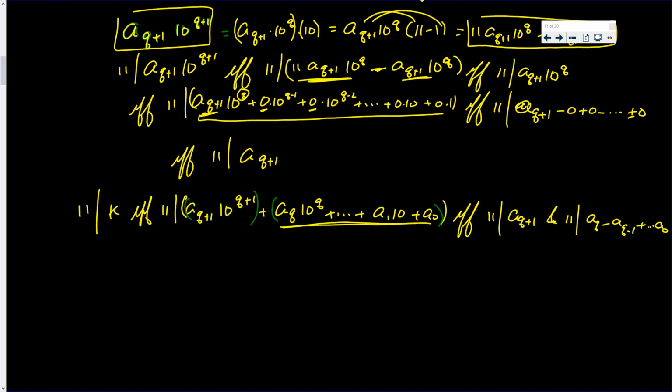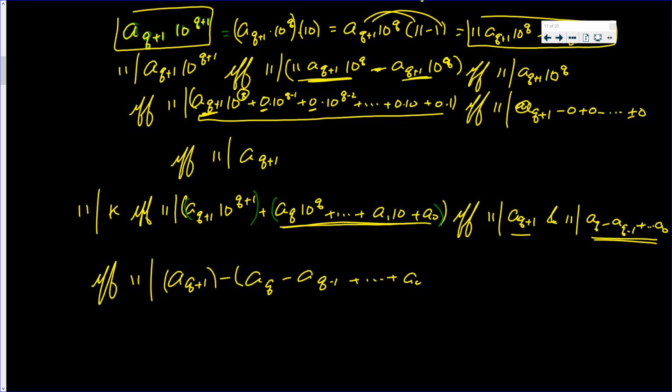Well, if 11 divides this and 11 divides that, then 11 divides the difference. a(q plus 1) minus this. And I hope the minus becomes apparent in a moment. The minus is there.